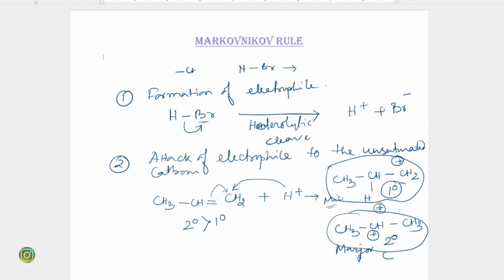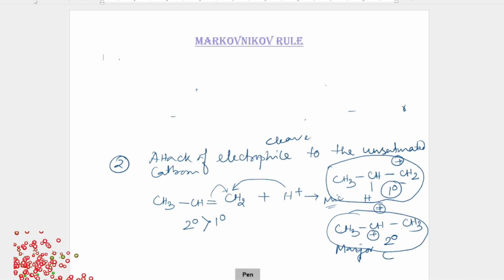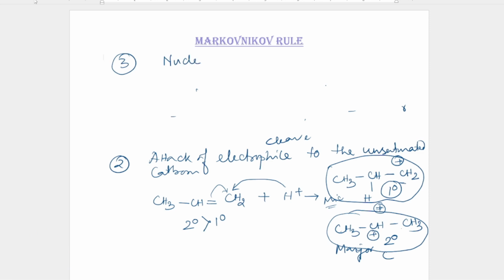Now what happens in the next step? The nucleophile, that is Br minus, that is formed, attacks the carbocation.